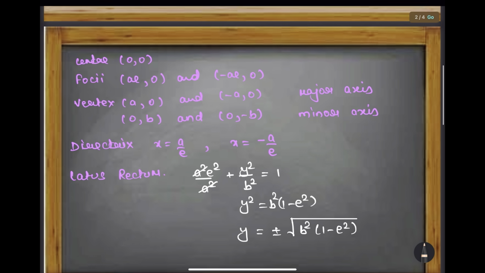So we have to memorize one relationship as well, the relationship between a, b and e. Try to memorize the way I have memorized this situation. First I will write 1 minus e square, for sure.